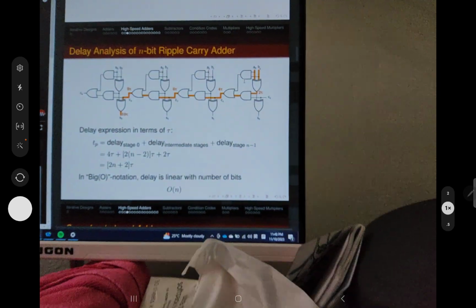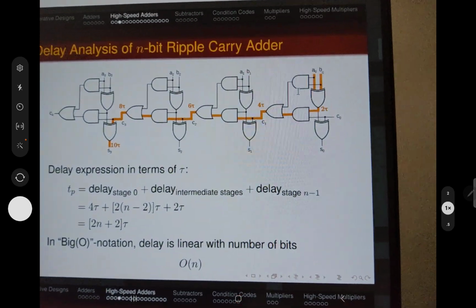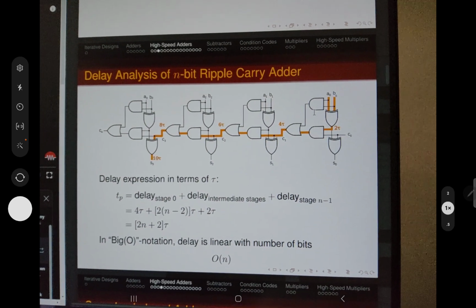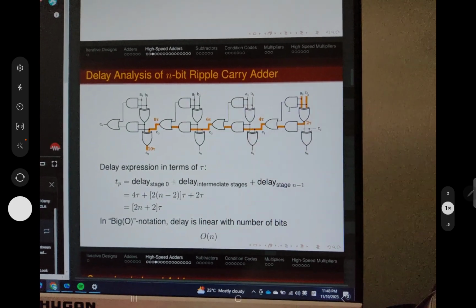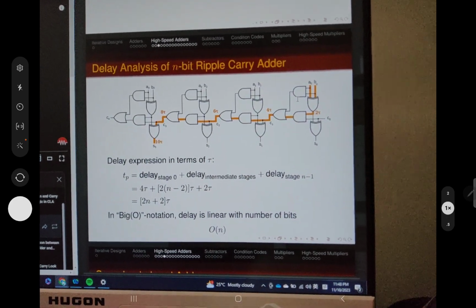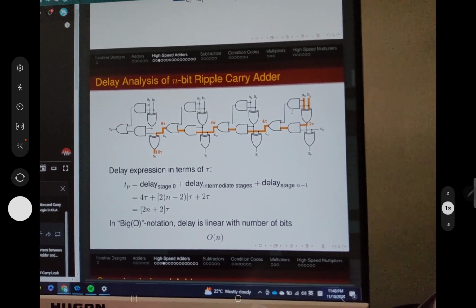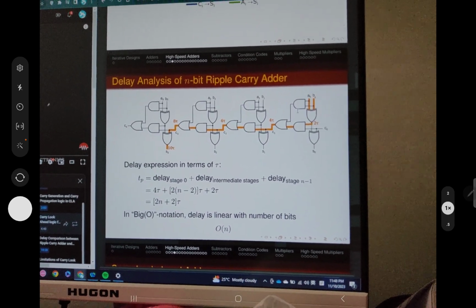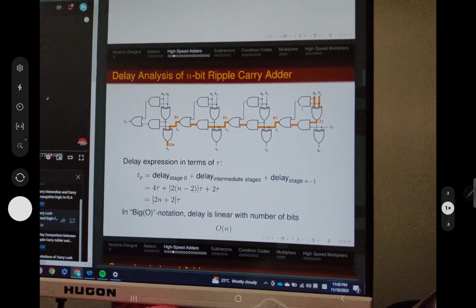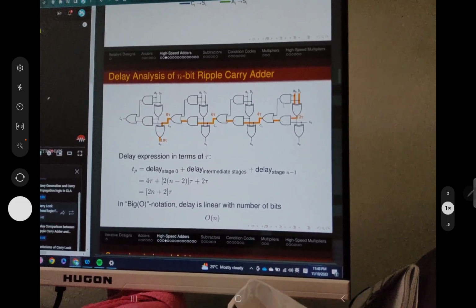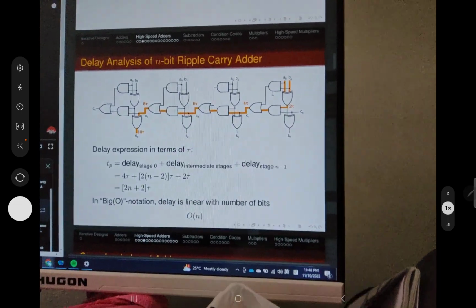From this diagram you can see the example circuit of a ripple carry adder. You can see 2 tau every time: 2 tau, 4 tau, 6 tau, 8 tau, and the last sum bit will be produced at 10 tau.